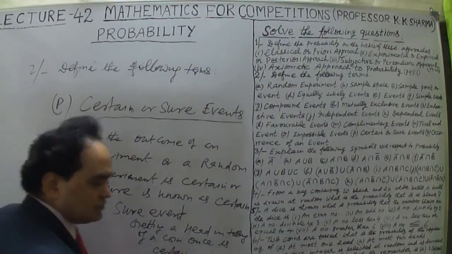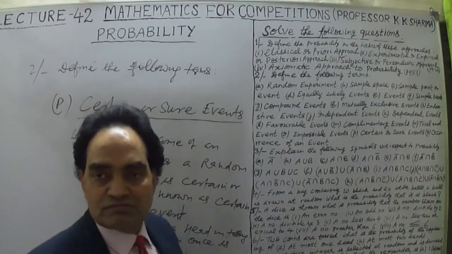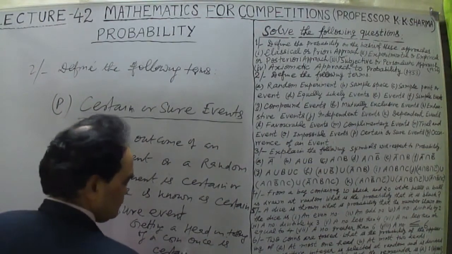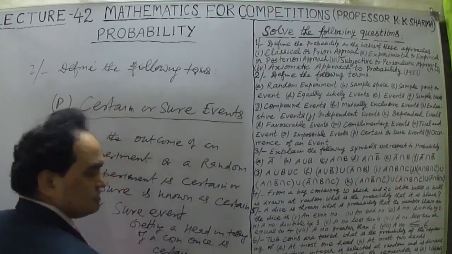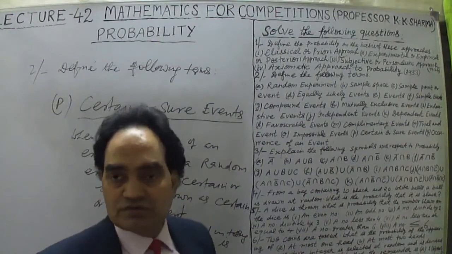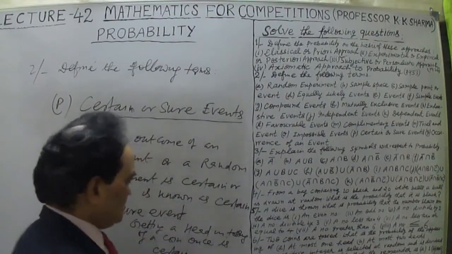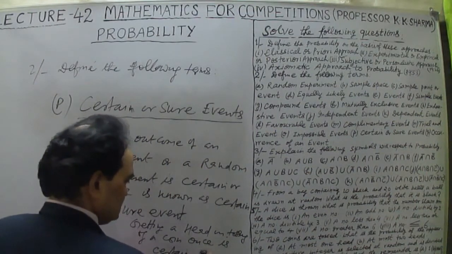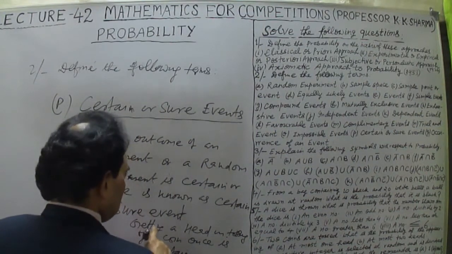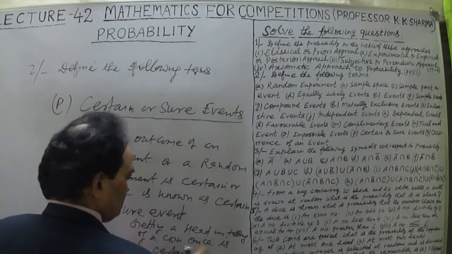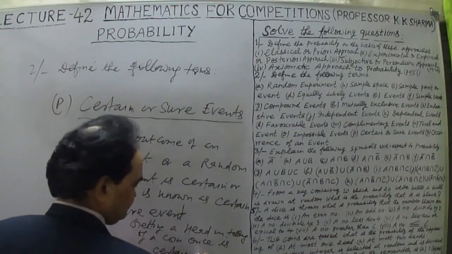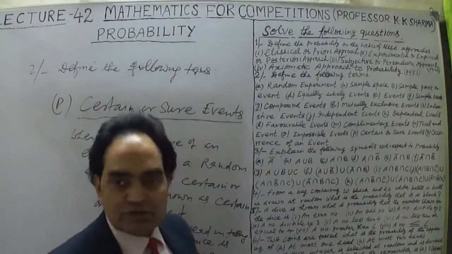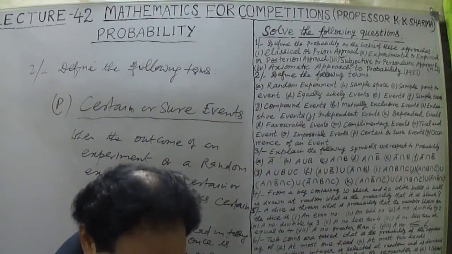Because its occurrence is possible. Head may appear, tail may appear, right? Because the possibility is there, it may happen. It is a sure event. Occurrence is possible. When occurrence is possible, it is a certain event, right? Getting a head in tossing of a coin once is a sure or certain event, right?